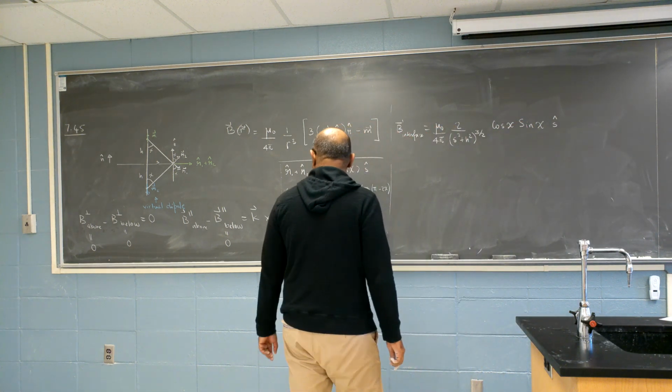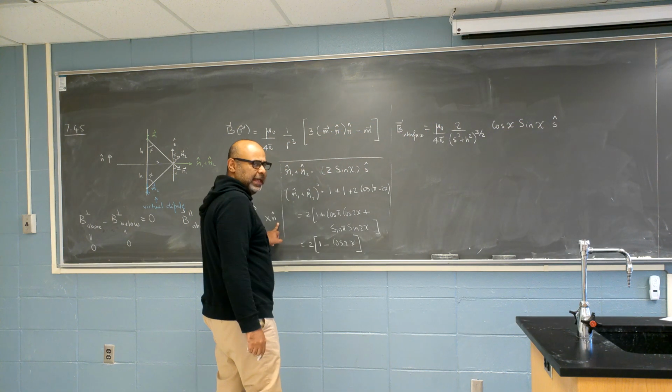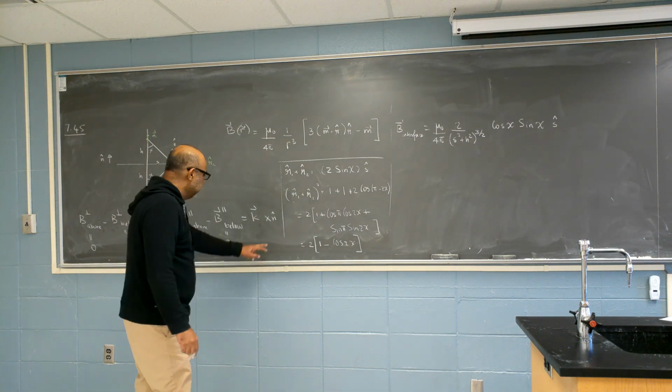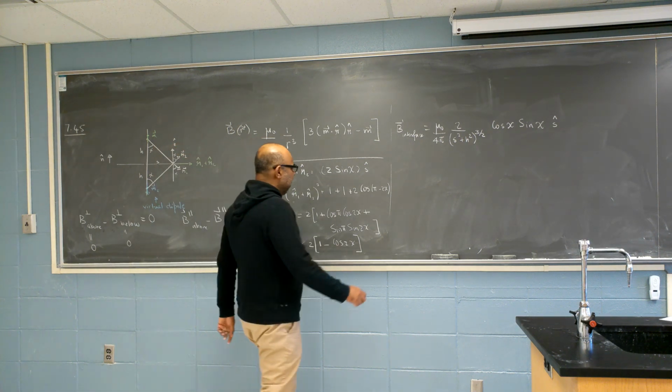And that should be equal to K cross n. n is a unit vector, so what must K be?